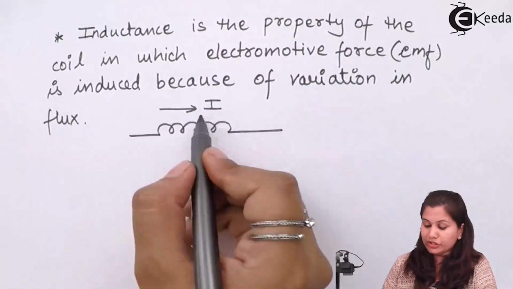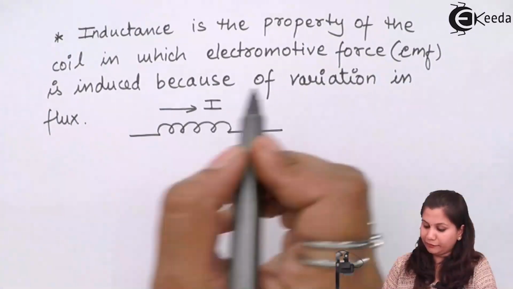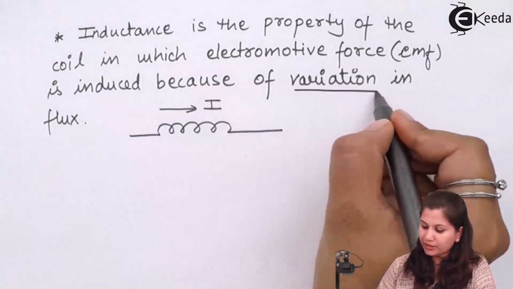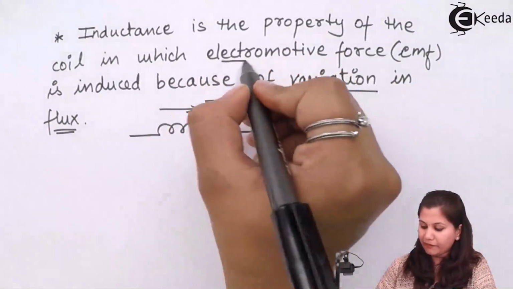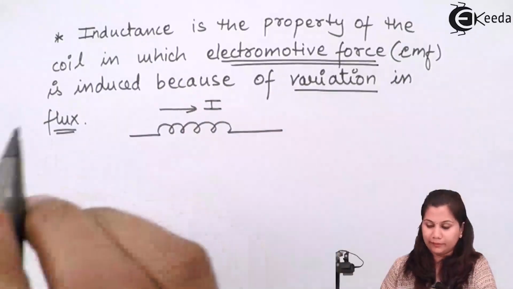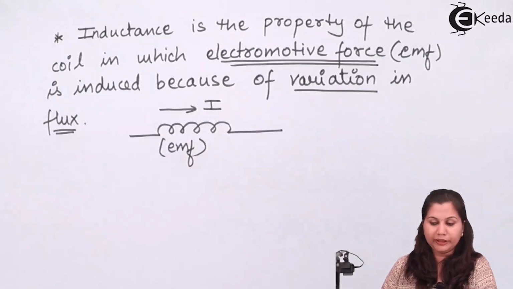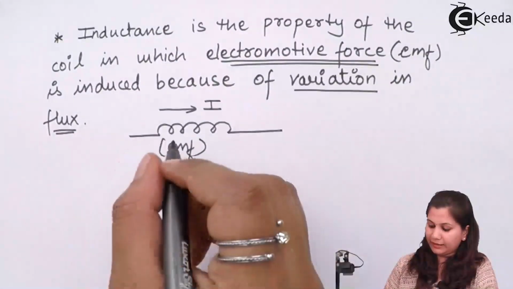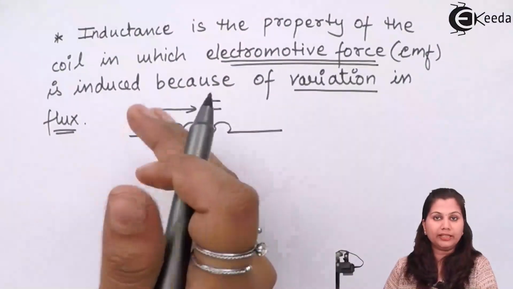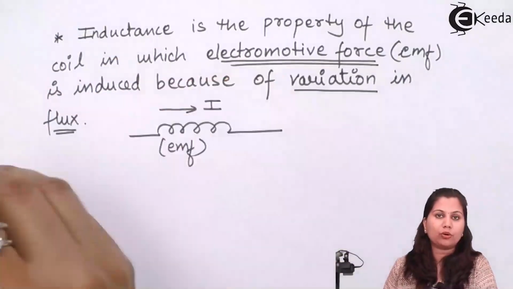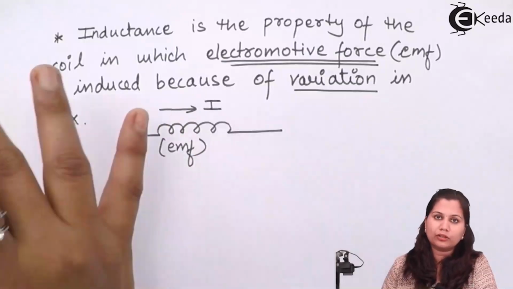Due to the change in the direction of the current, there is a variation in the flux, and due to this variation, an EMF is induced in the coil. Coils in which the EMF is induced have the property which is called the inductance of the coil.